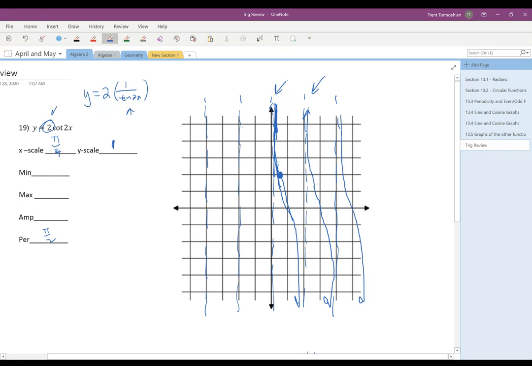The tangent goes up and to the right, the cotangent goes down and to the right, going up to the left. The asymptotes all shift over by half the period as you go through. So if you can graph the tangent, you just shift it over half the period, and then you basically do it in the opposite direction, and you're going to get your cotangent graph. And so that's how you graph cotangent of a function.